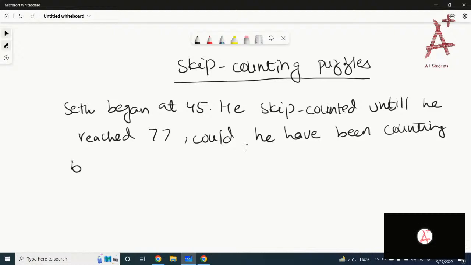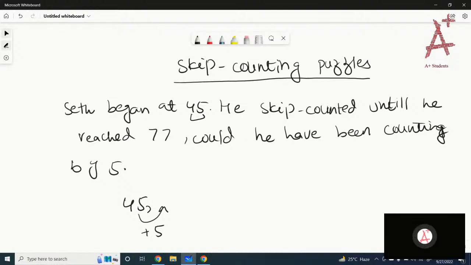Okay, the question is he started from 45 and counted until he got to 77. Now we need to see if he is counting by fives. Let's start from 45 and start counting by fives. So counting by fives means for each next number you have to add 5. Got it?